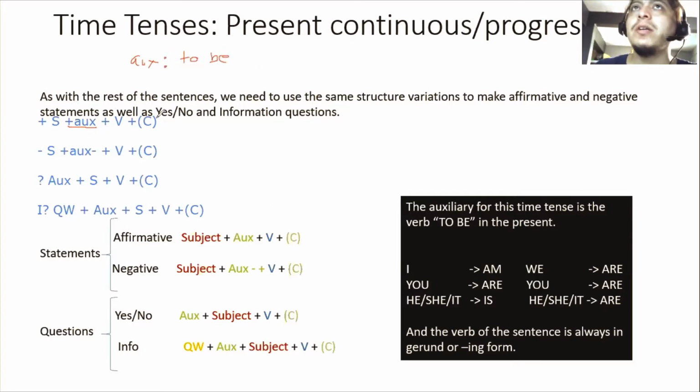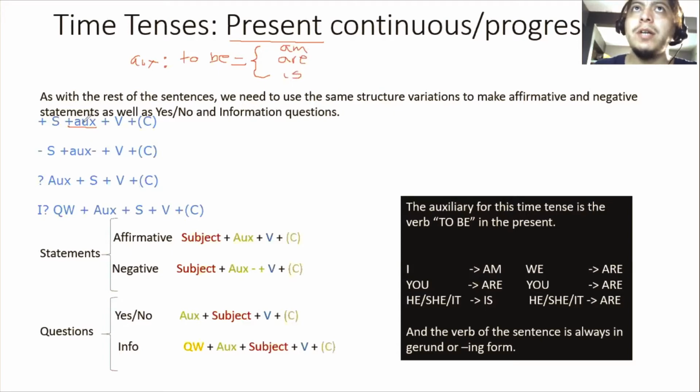This is the auxiliary of the continuous time tenses. Because this is the present continuous or present progressive, this verb to be is conjugated in the present. Remember that the verb to be in the present has three possibilities. It can be am, are, or is.